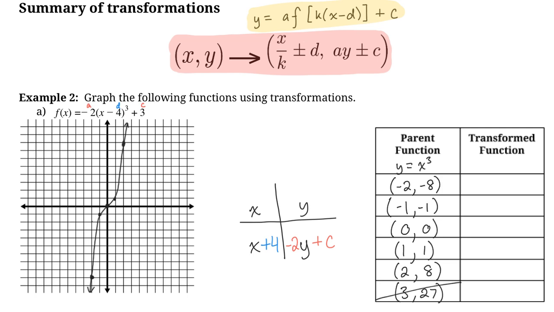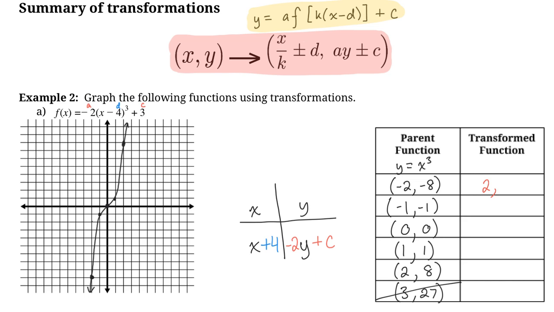So I've graphed the original parent function, and now we need to apply these transformations to all of our original points to get our transformed points. So our first x coordinate, -2, we need to add 4 to it. So that's going to become +2. And then our y coordinate is -8, so we got to do -8 times -2, and that's +16.